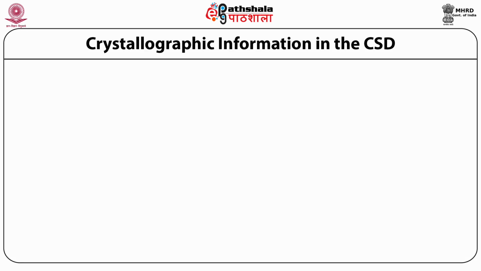CSD is continuously updated with new structures. In addition to searching published crystal structures, one can also build their own local structure repositories that are then searchable either independently or in conjunction with CSD.